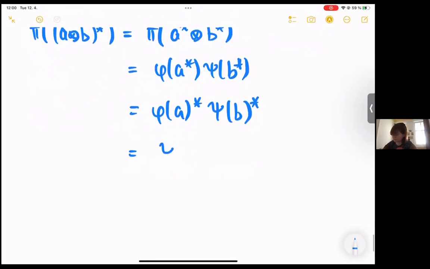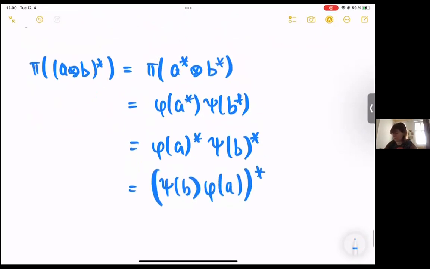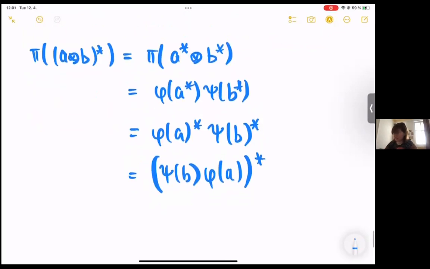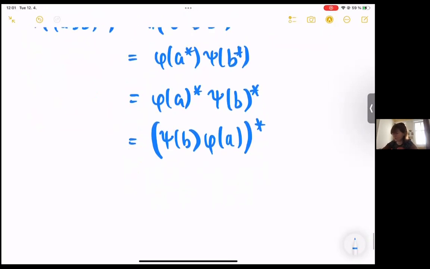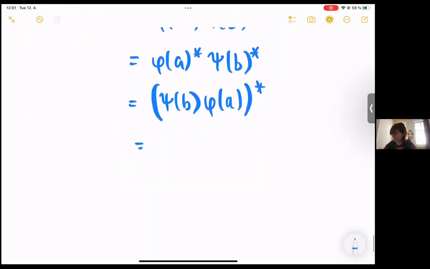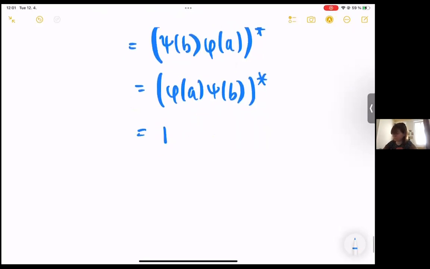So this is psi of B, phi of A star, which if these didn't commute would not give us pi of A tensor B with the star on the outside, but it would give us something else. So we want that these commute, we get phi(A) psi(B), which gives us the result.